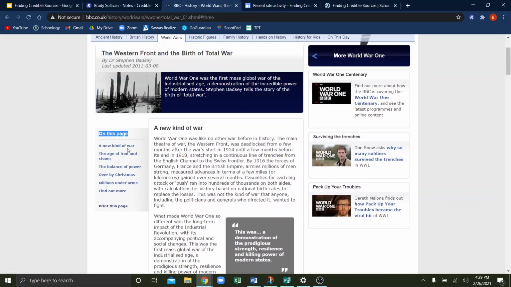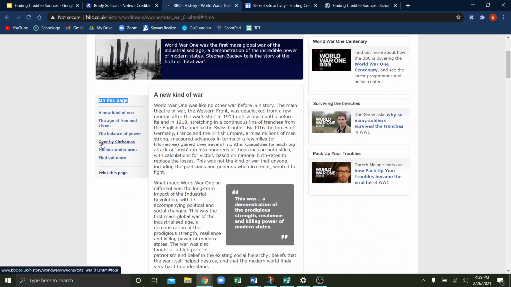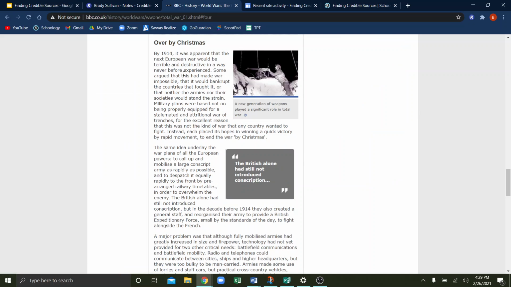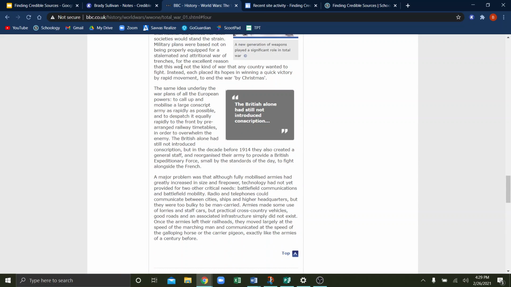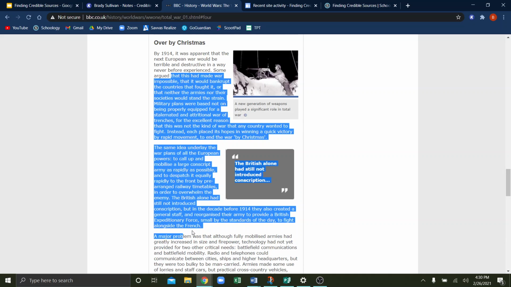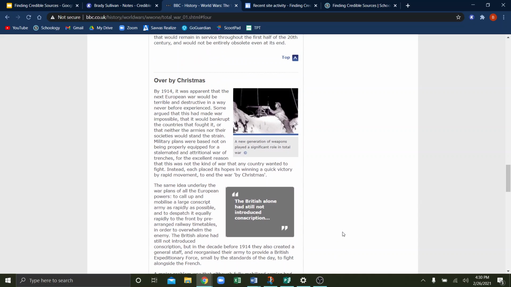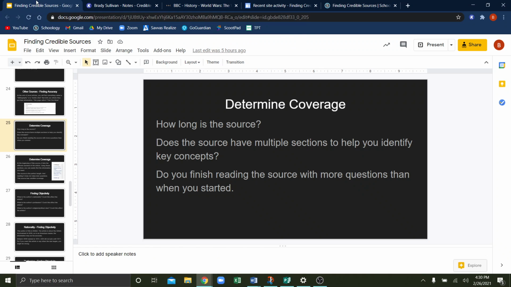But since this has different sections, maybe all we were looking for on this was something about Christmas in World War I. Well, look, right here, Christmas is one of the sections, and it'll tell you what happened in these 3 paragraphs, Christmas during World War I. If you're looking for something super specific, then having sections is very useful.